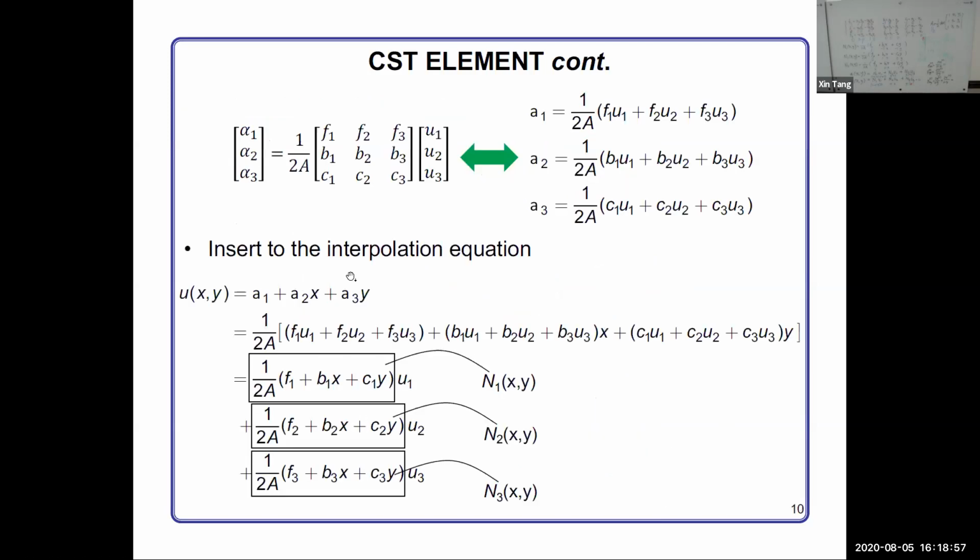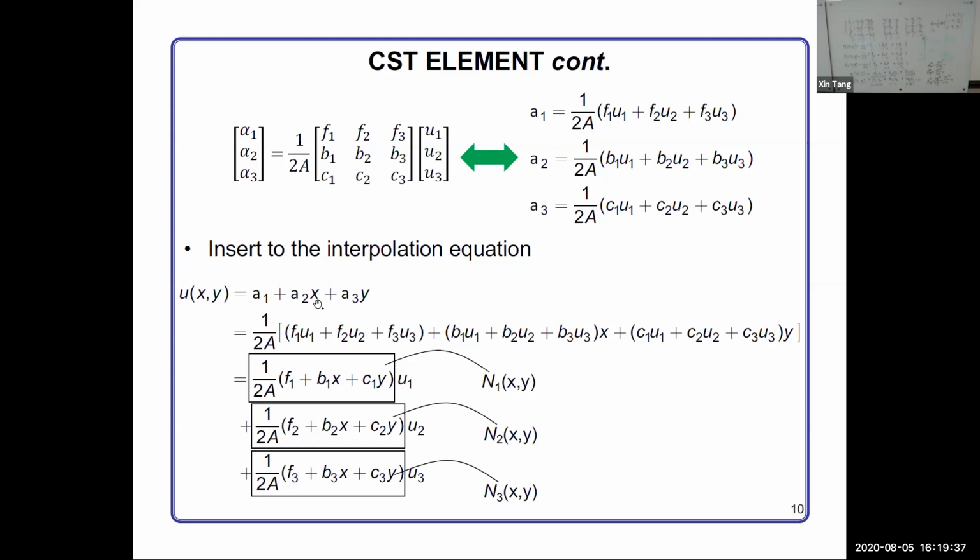Now, since we rewrite alpha in terms of another matrix and the node displacements of the 3 nodes, this can also be written in terms of the 3 equations. We put these 3 equations into the original u(x,y) function, which equals alpha1 plus alpha2 and alpha3 times x and y. Here x and y are variables. They can be x1, x2, x3, but they can also be other values within that triangle, or on the boundary, on the edge of the triangle.